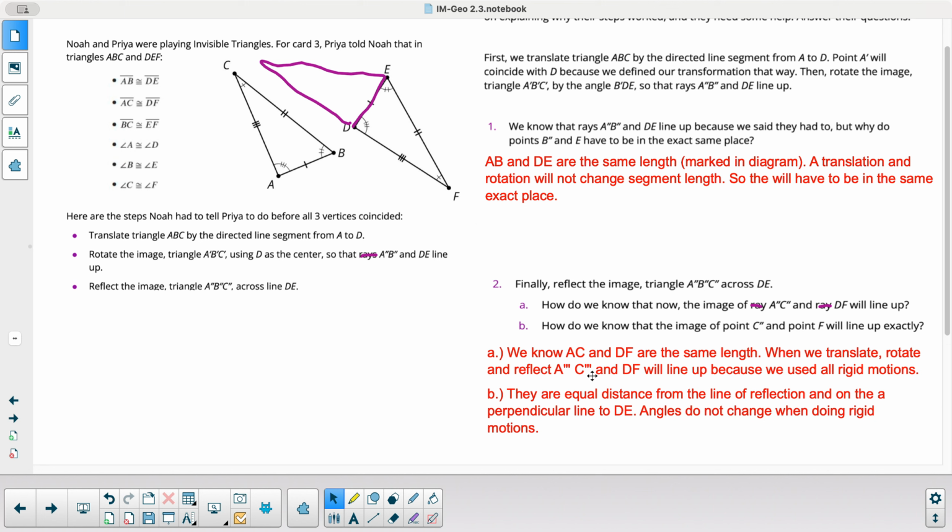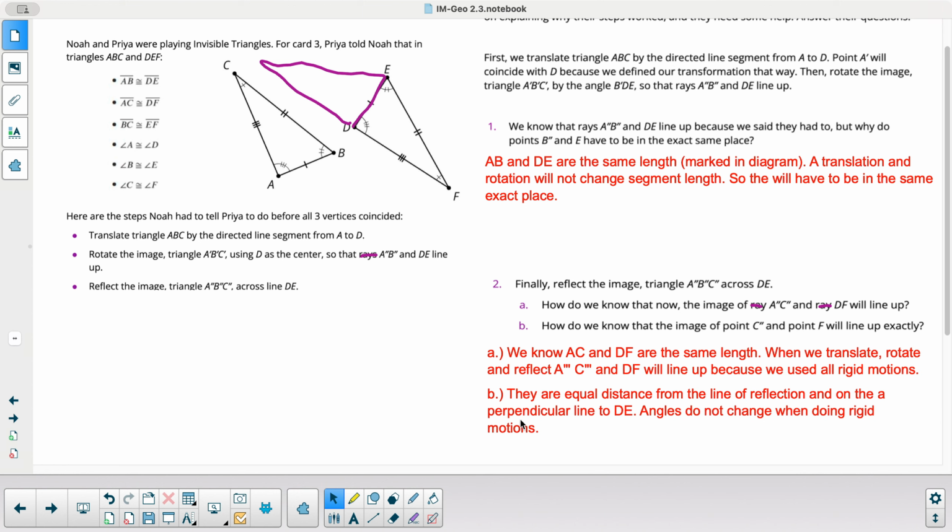When we translate, rotate, and reflect, A triple prime, C triple prime, and DF will line up because we used all rigid motions. They are equal distance from the line of reflection, and on the perpendicular line, I don't know why I put A, on the perpendicular line to DE.